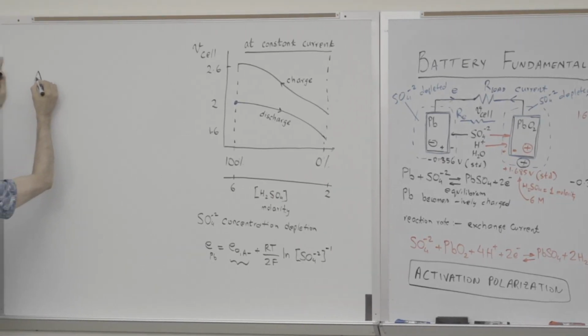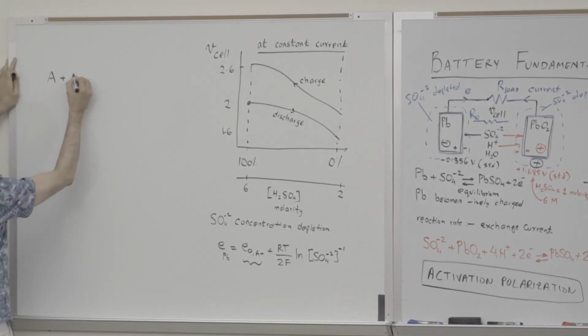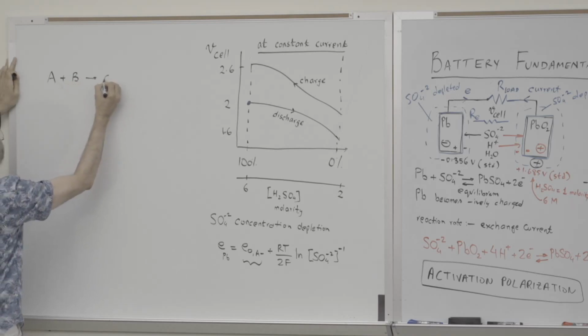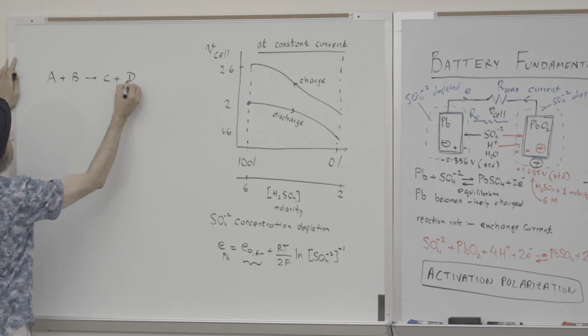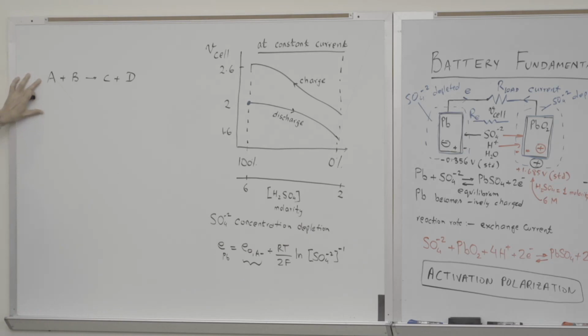Suppose I have A plus B giving you C plus D. Now this is just a chemical reaction, but in electrochemistry, we also have electrons involved in the reaction. So suppose you have a reaction with these products, A, B, C, D, and the electrons involved.